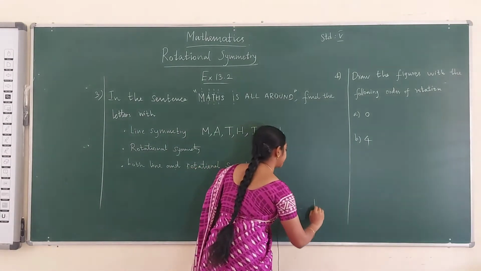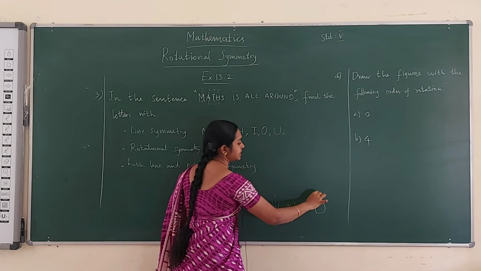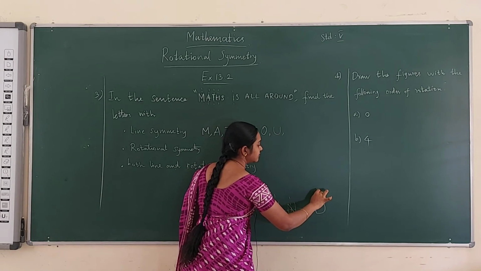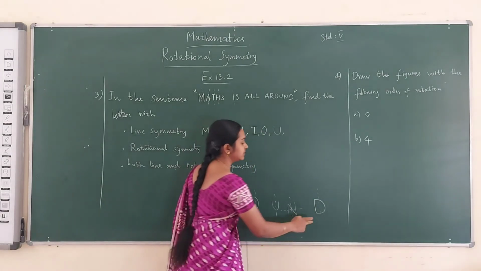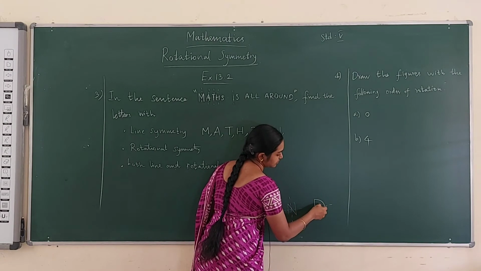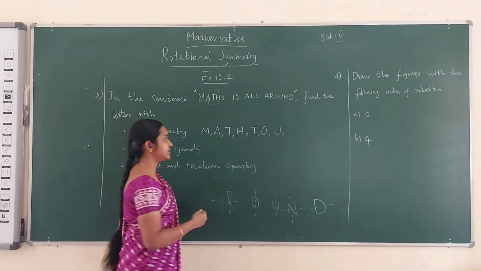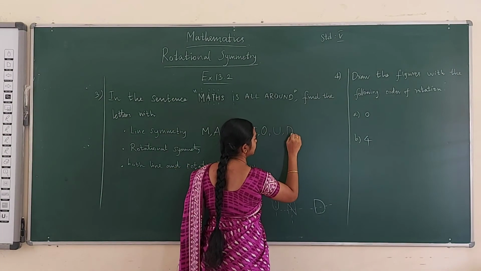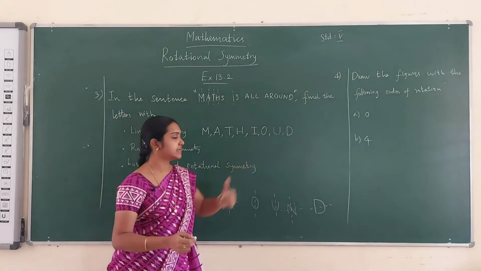Next D. For D, if we draw line like this, it won't look the same. But if we draw the line horizontally, it looks the same. So D is having line symmetry. So these are the letters having line symmetry.